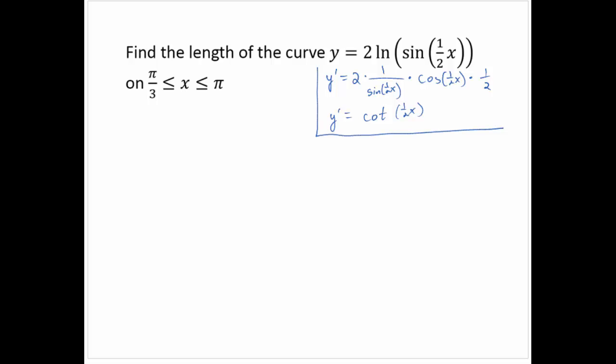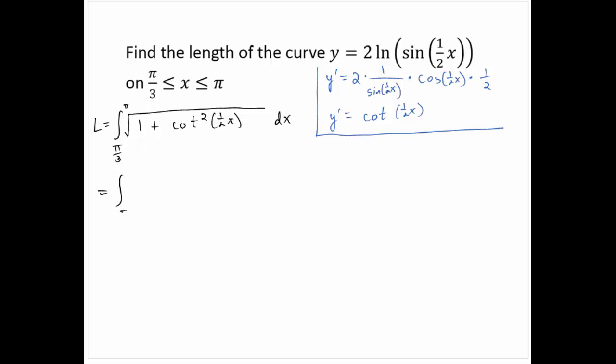Alright, calculating the arc length. The arc length would be the integral from pi over 3 to pi of the square root of 1 plus cotangent square of 1/2 x dx. Now let's see, 1 plus cotangent square, that is a Pythagorean identity from trigonometry.